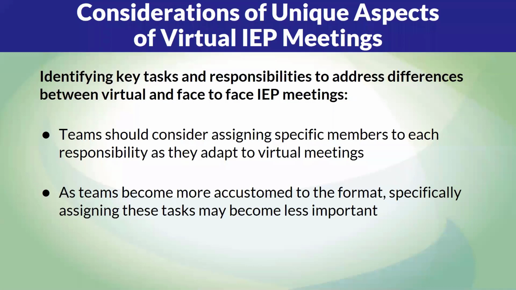Now, some of the things on the next several slides we've already touched on a little bit. In this section of the presentation, what we want you thinking about is who should be assigned to these tasks that are additional logistics or things during the meeting, follow up after the meeting that teams need to think about, because these things are new.